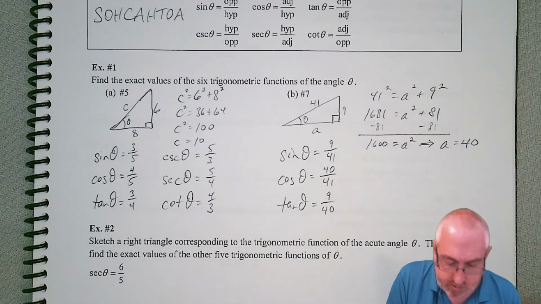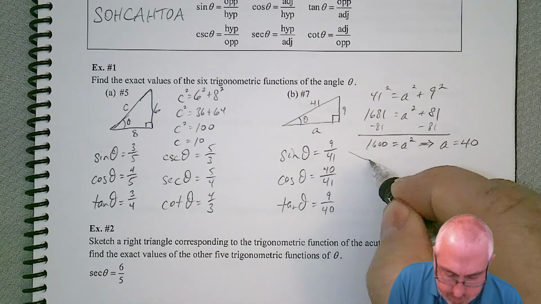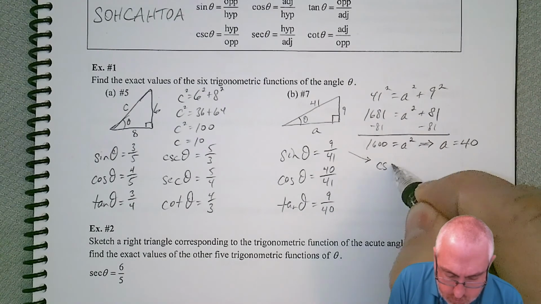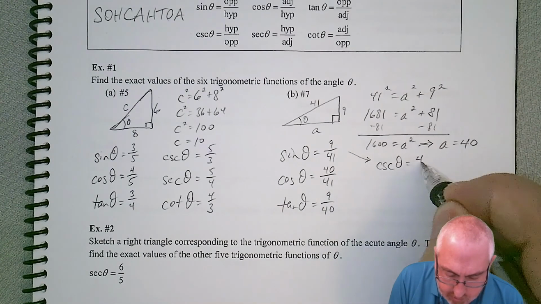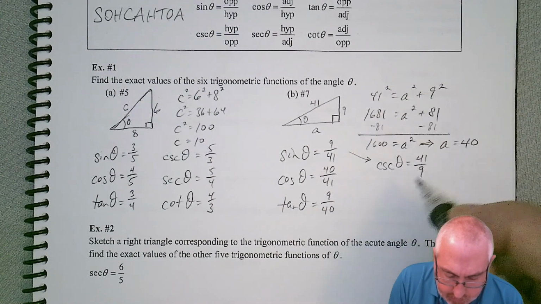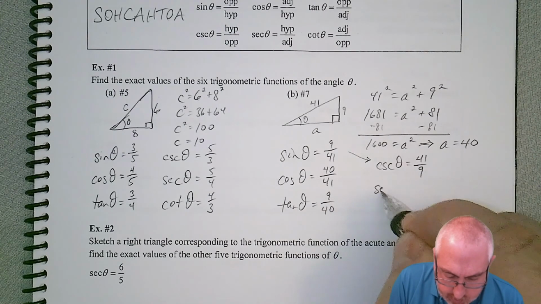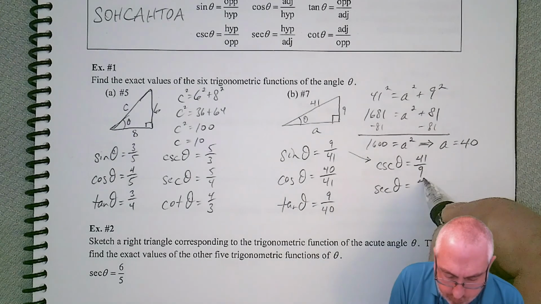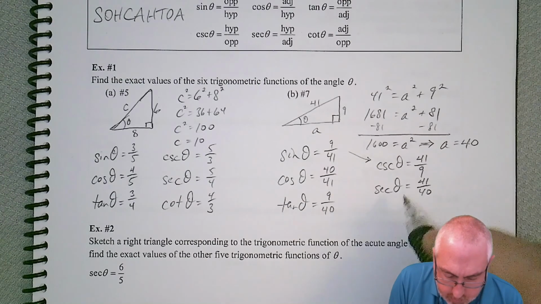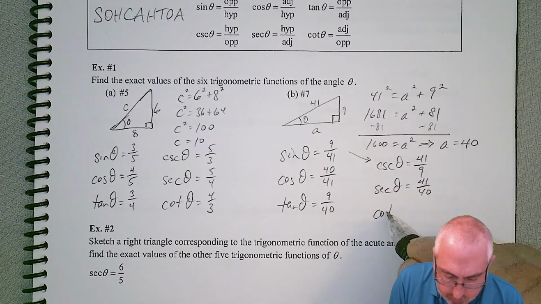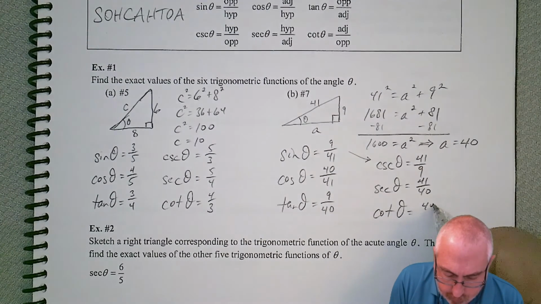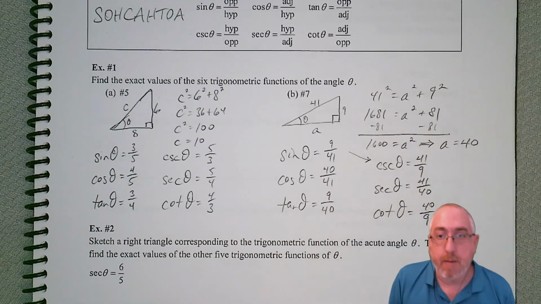And now the rest is easy. Cosecant 41 over 9, secant 41 over 40, and cotangent 40 over 9.